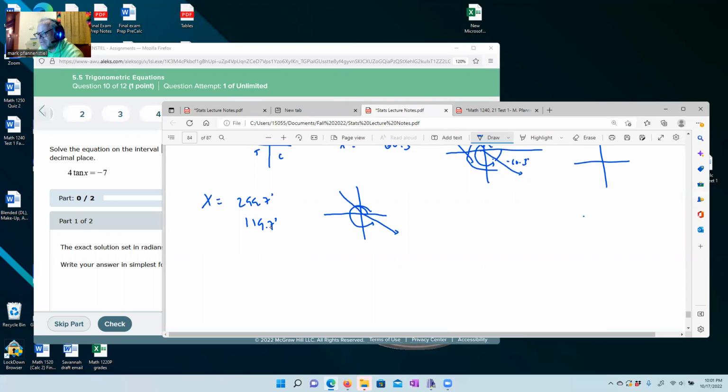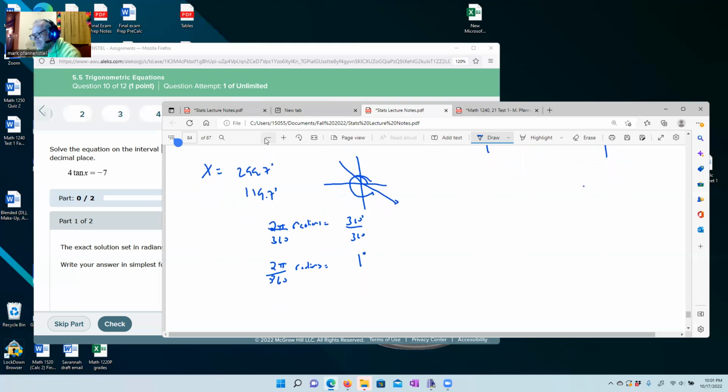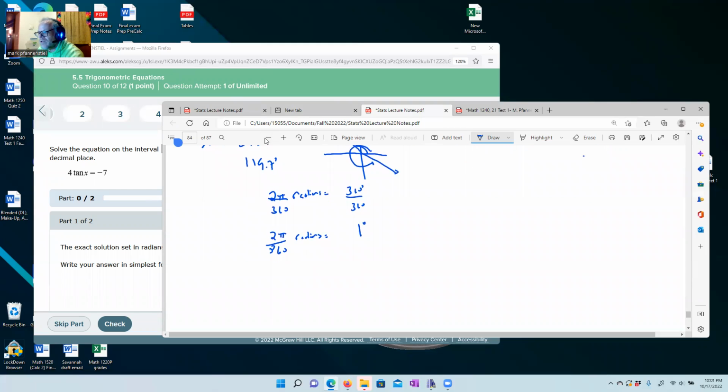We just remember that 2 pi radians is equal to 360 degrees. If we divide everybody by 360, we have 2 pi over 360 radians equals 1 degree. So that's pi over 180 radians equals 1 degree.